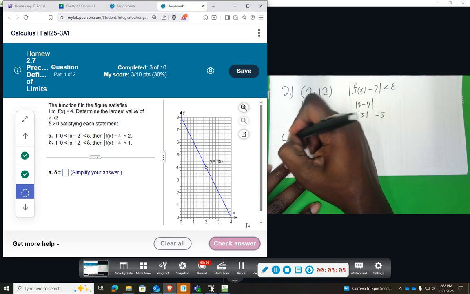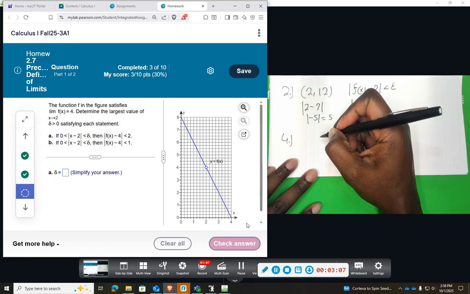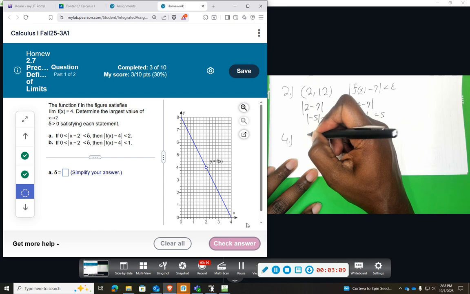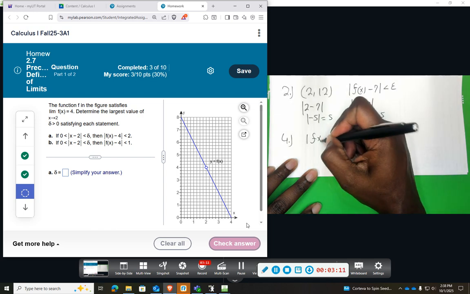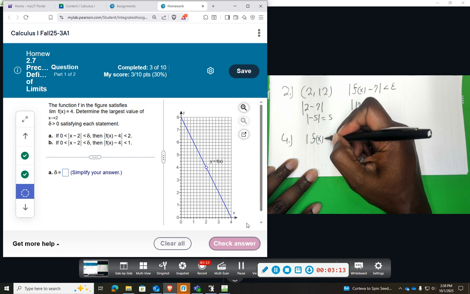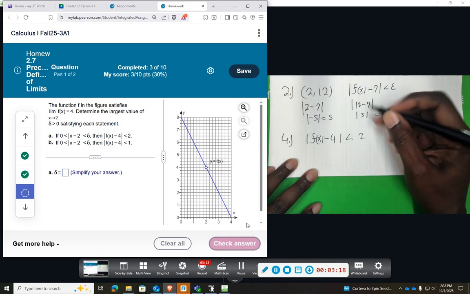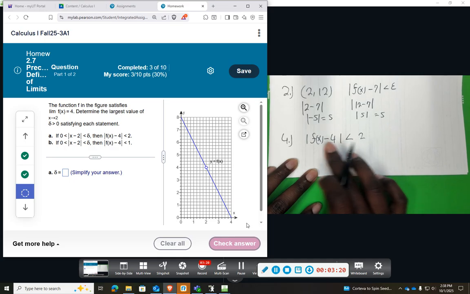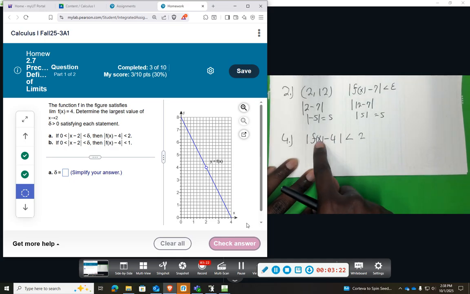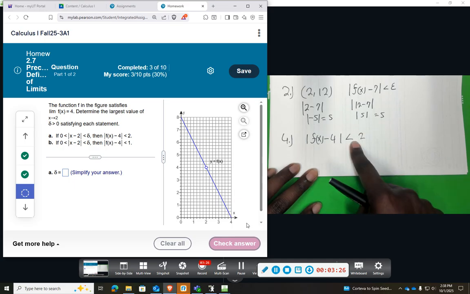So remember solving absolute value equations. If I have f of x minus 4 is less than 2, if you recall from absolute value, that means whatever is here could have been positive 2 or it could have been negative, and it's going to be less than 2. So we can set up two expressions.